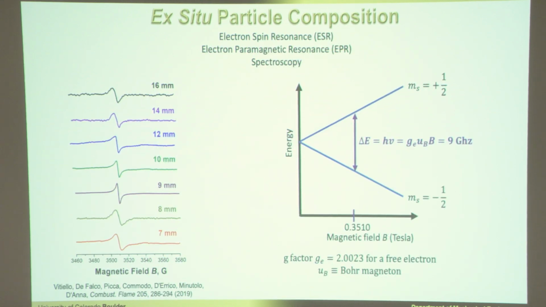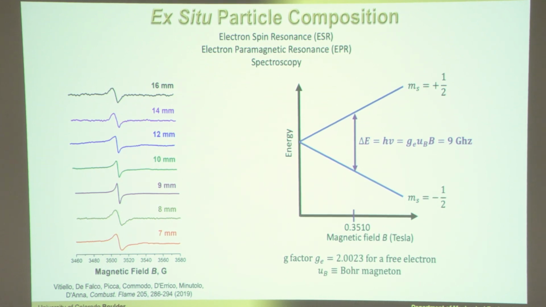Okay, this technique is electron spin resonance or electron paramagnetic resonance spectroscopy. It gives you information about radicals. Like, can we find a technique that's sensitive to radicals? Yes, this is it. But the big drawback is that you have to have a huge magnet to apply a big magnetic field, and then that magnetic field splits the energy.